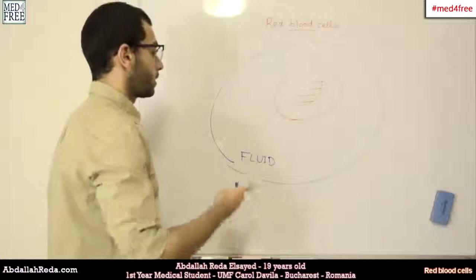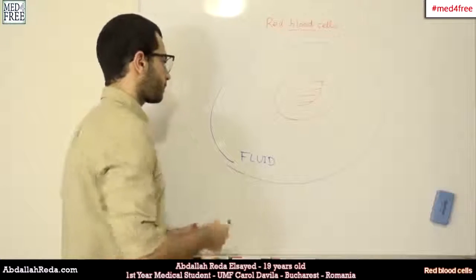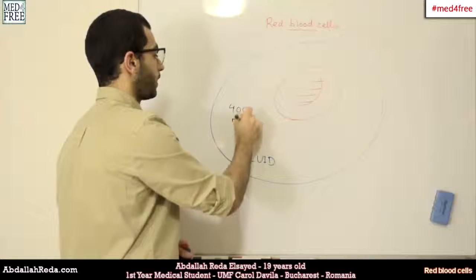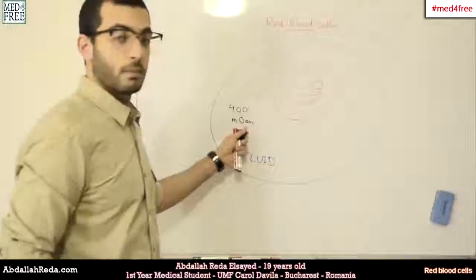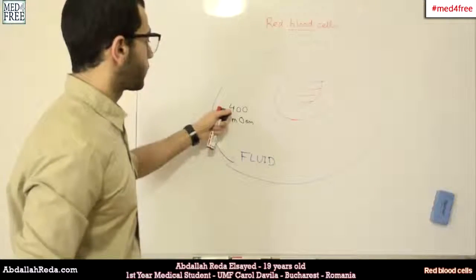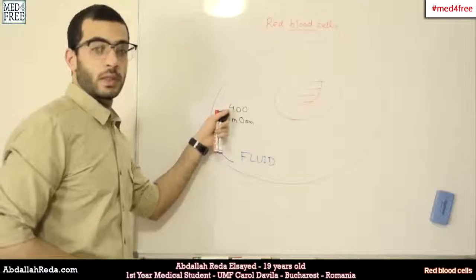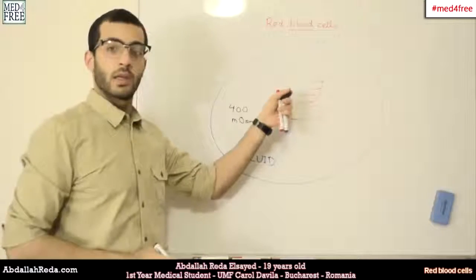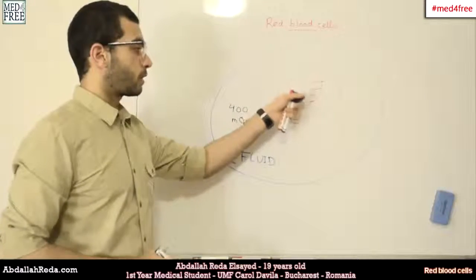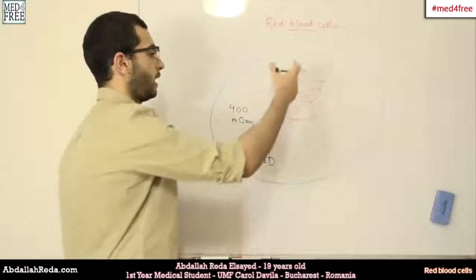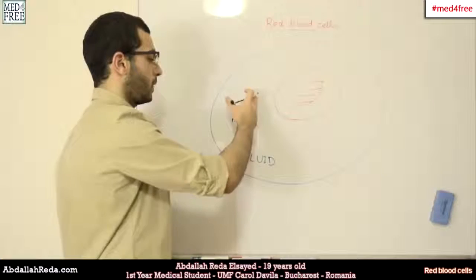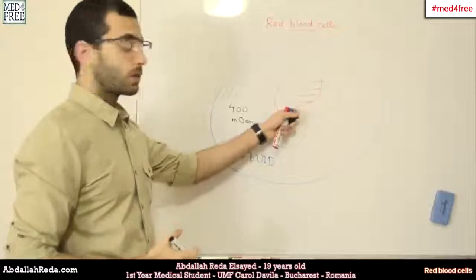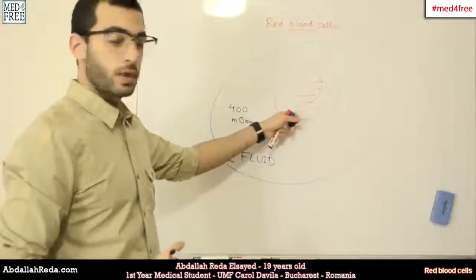But if the fluid is hypertonic, for example, 400 milliosmoles, we know that the isotonic is 300. So if it's 400, it will be hypertonic. This means that the concentration of the particles inside the fluid will be higher than inside the red blood cell, and accordingly the water will flow from the inside of the red blood cell to the outside into the fluid. Then accordingly the volume of the red blood cell will decrease, so it will shrink.